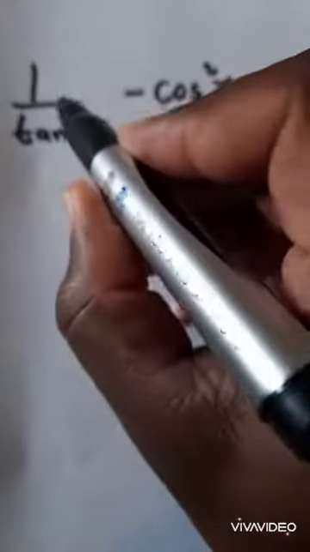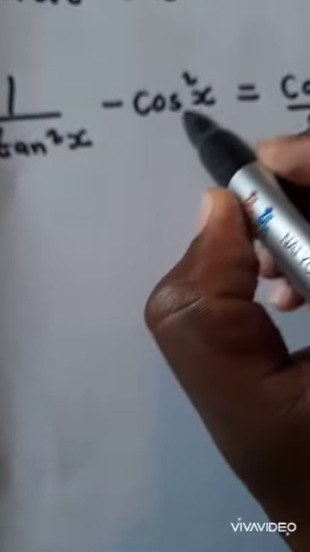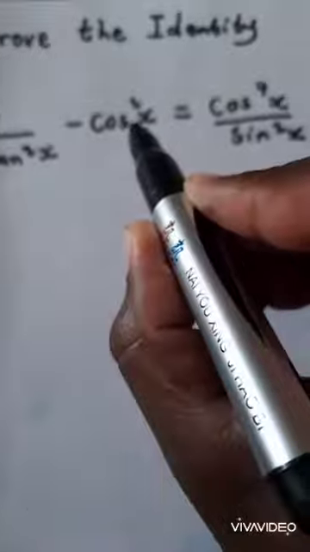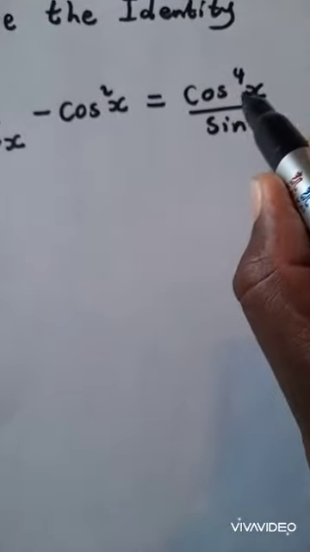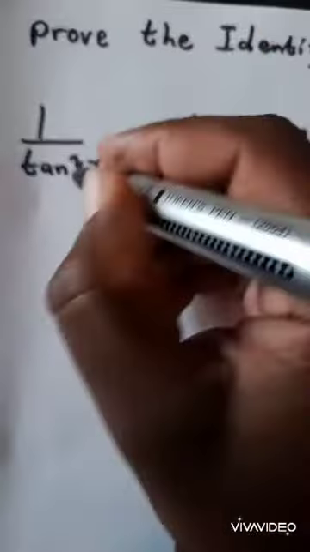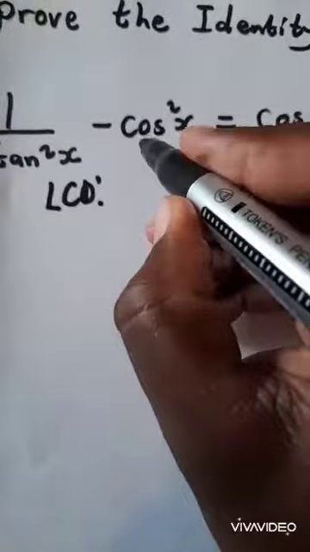So we are given 1 all over tan squared x as well as cos squared x here, right? We are required to prove the identity that it equals cos to the power of 4x over sine squared x. Okay, first things first, write an LCD.